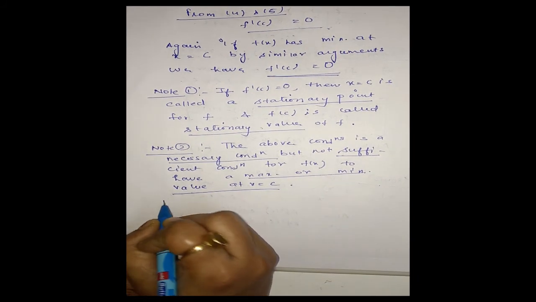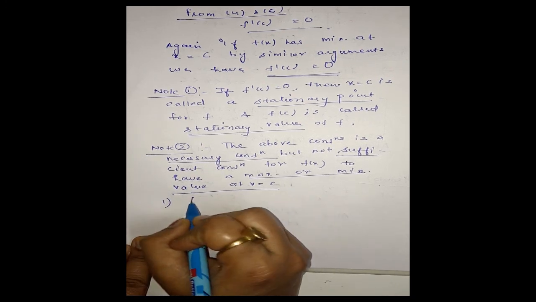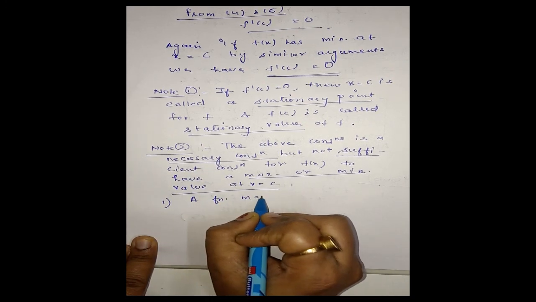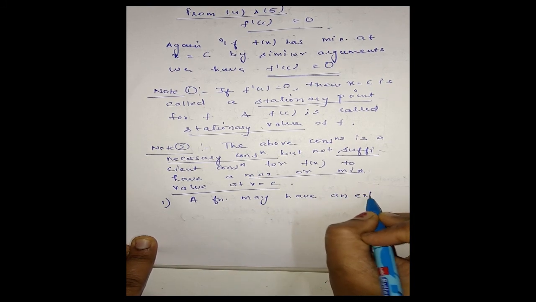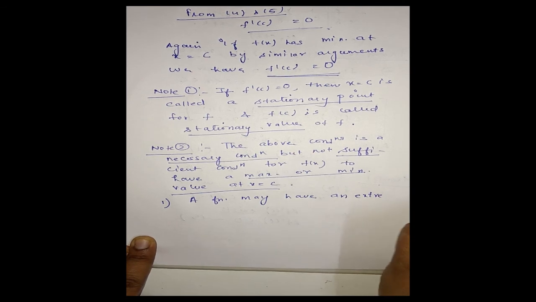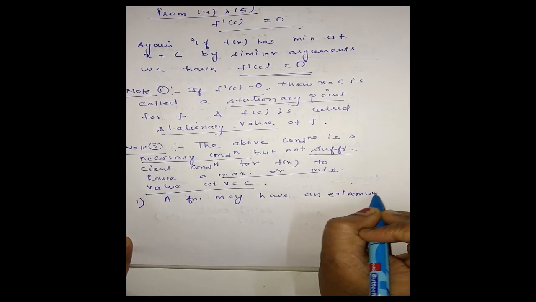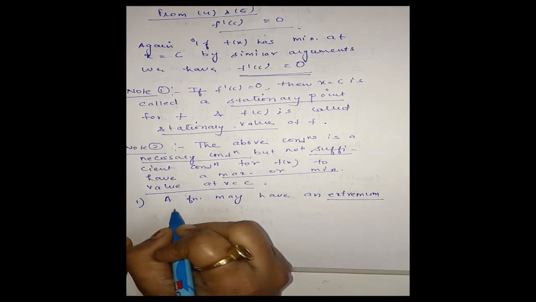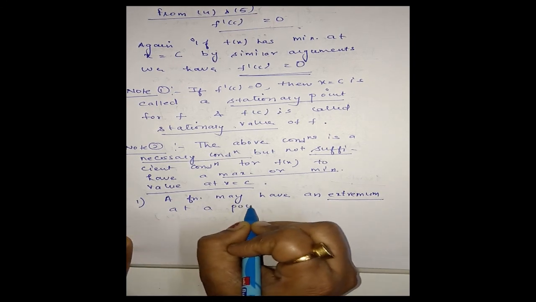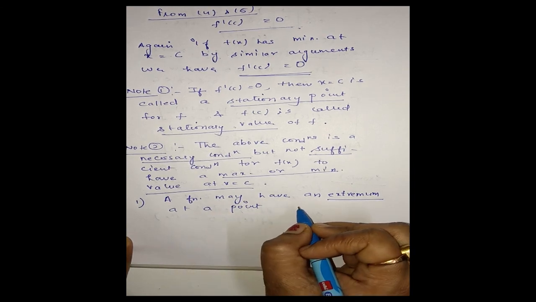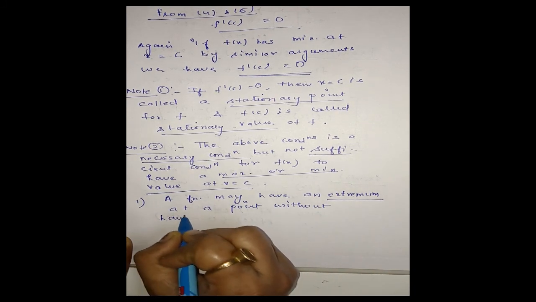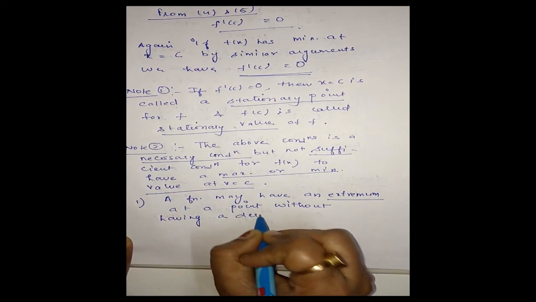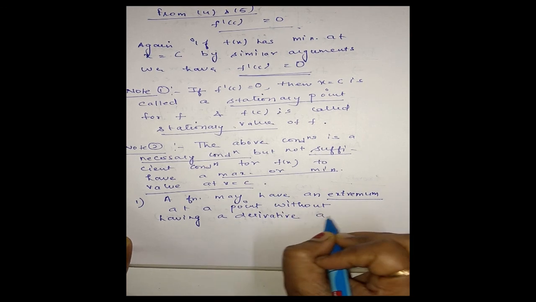Okay, for this we have examples. First, a function may have an extremum, meaning maximum or minimum, at a point without having a derivative at that point.